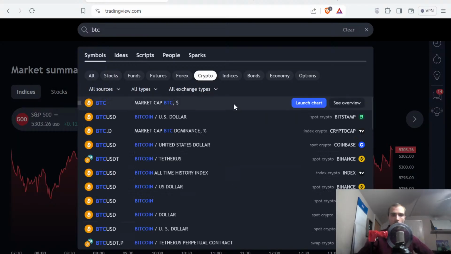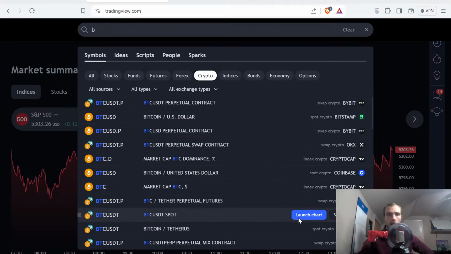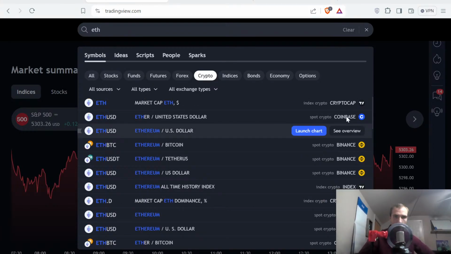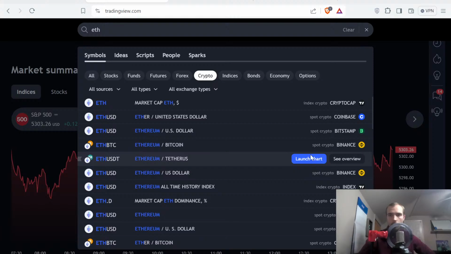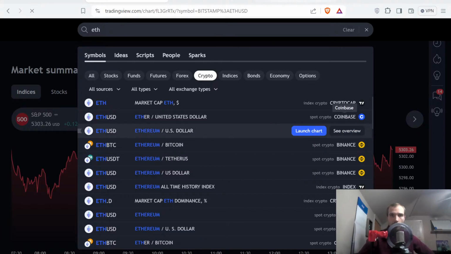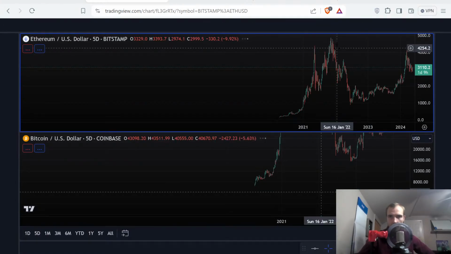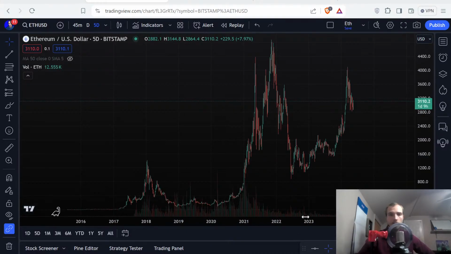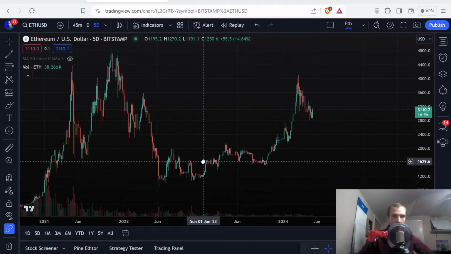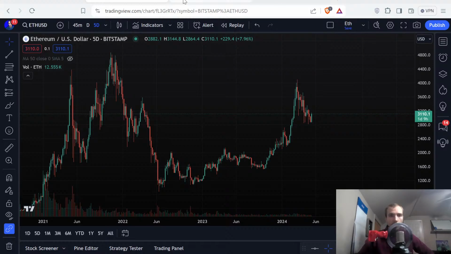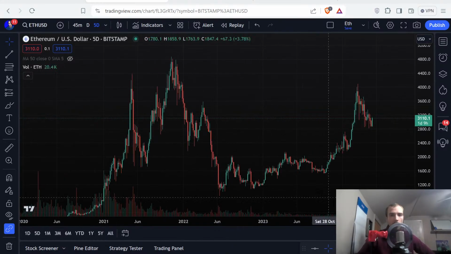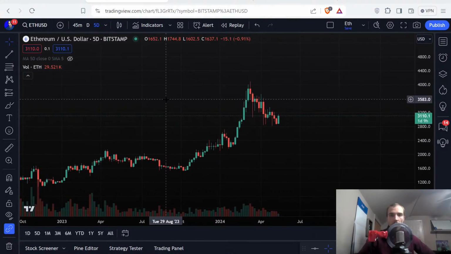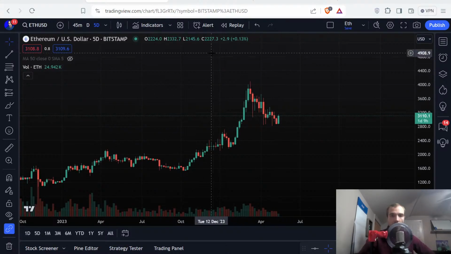So, let's start with Ethereum today, with Ether, the great Ether of the world. You know, actually, you guys, if you study what the word ether means, it's actually pretty cool. Now, Ethereum is breaking out of a bullish flag, or starting to show signs of breaking out of a bullish flag.